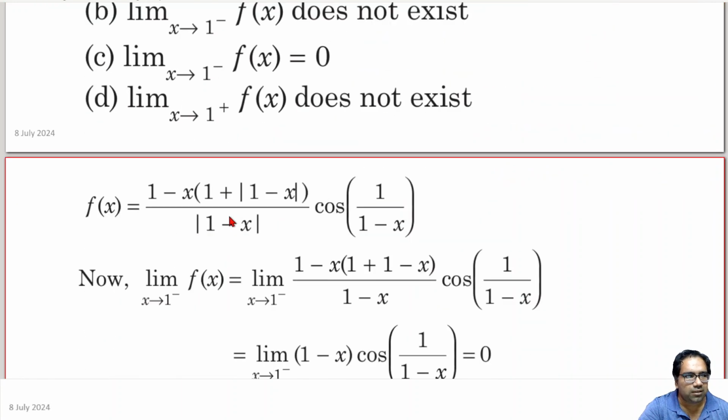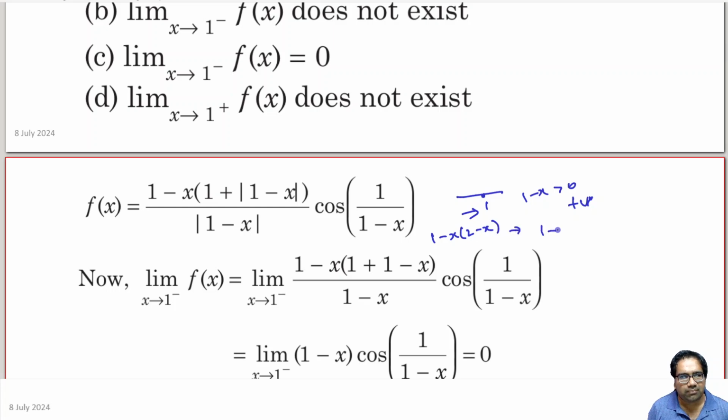Now when x approaches 1 minus, that is from the left, 1 - x should be greater than 0. This is positive, so the absolute value of 1 - x will be 1 - x. So this becomes (1 - x) times (1 + 1 - x), that is (2 - x).